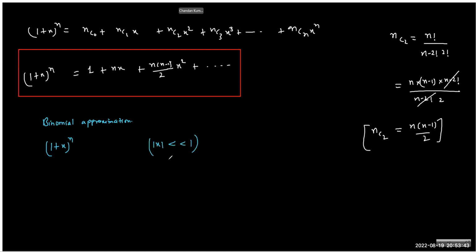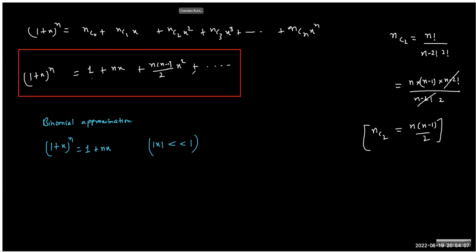If x is really small, then you can see the first term is 1, the second term is nx, and x is already very small compared to 1. So any power of x will be even smaller, isn't it?